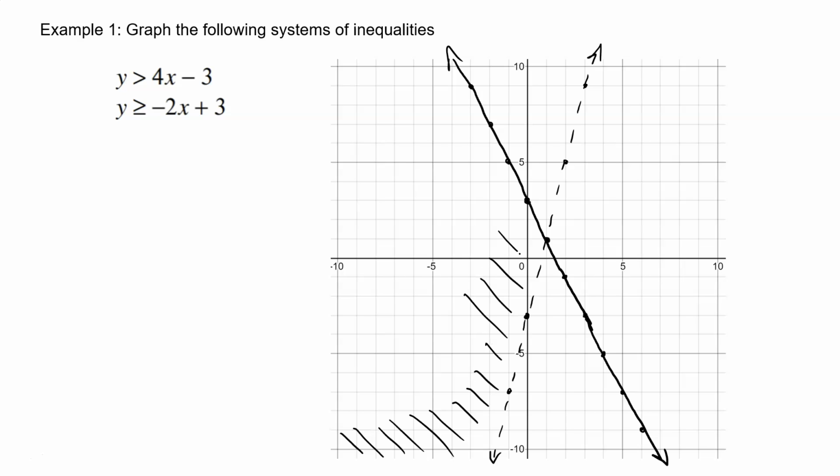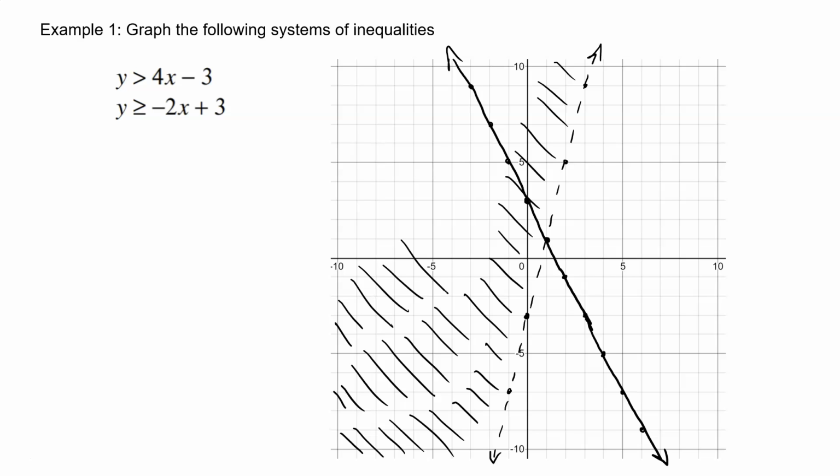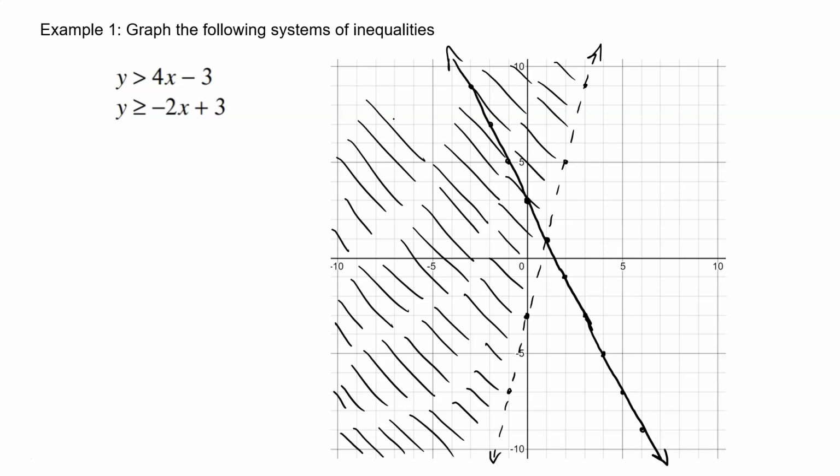And just keep doing that and fill up the whole section using hatch marks going all in the same direction. So that is the shading for this line.